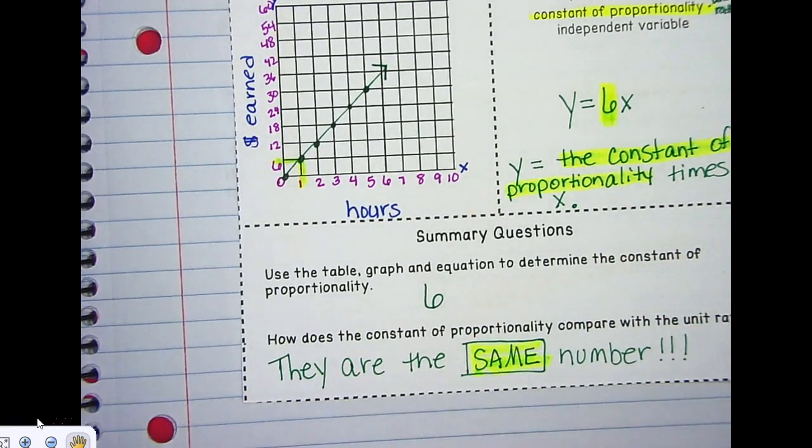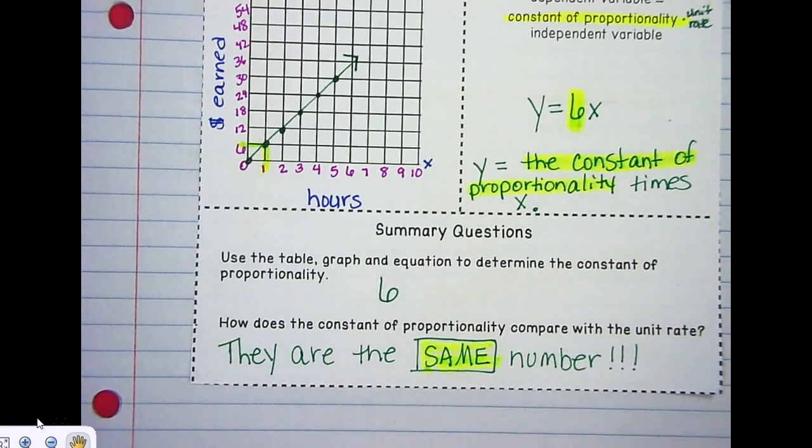That's the big idea that you need to understand from this section: the constant of proportionality and the unit rate are the same number.